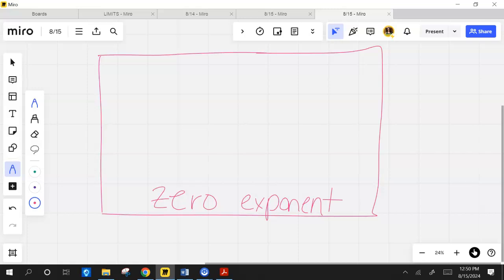If it does not say zero exponent next, just go to where it does say zero exponent. All right, I'm in zero exponent.